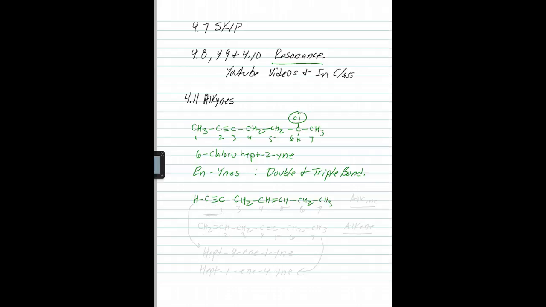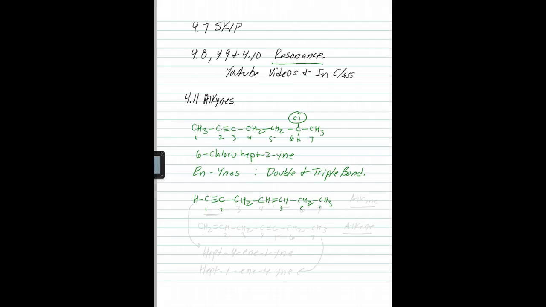So the point is I have a double bond and a triple bond. The rule is you start at the end closest to the double bond in the double bond case, and start at the end closest to the triple bond in the triple bond case. What happens if you have both? Well, you start at the end closest to whichever pi bond is closer to a side. It doesn't matter if it's triple or double. Notice the triple bond here is starting at carbon 1 and carbon 2. The double bond is closest to the right side, so that would be 1, 2, 3.